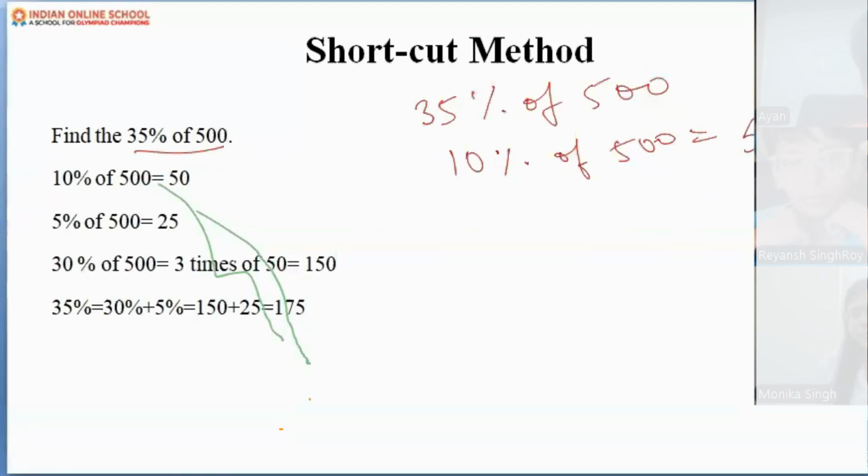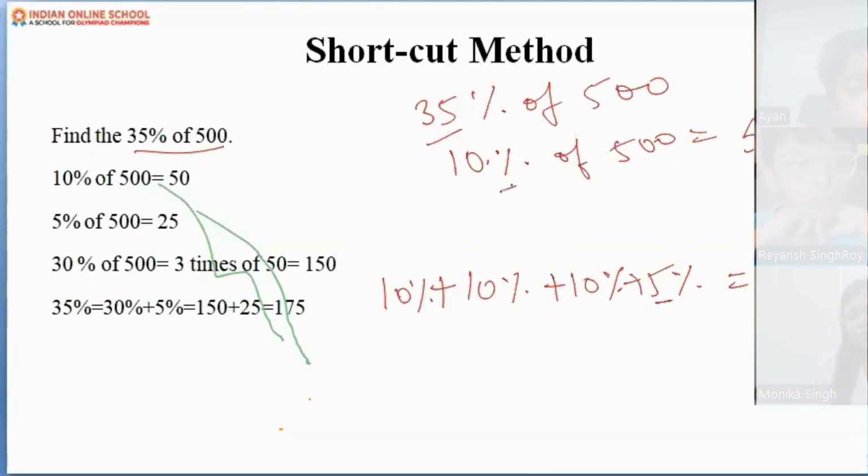So we get 50. And for 35, we need 10% plus 10% plus 10% plus 5%. It makes 35%. Am I right? So we also need 5%. So what will 5% of 500 be?